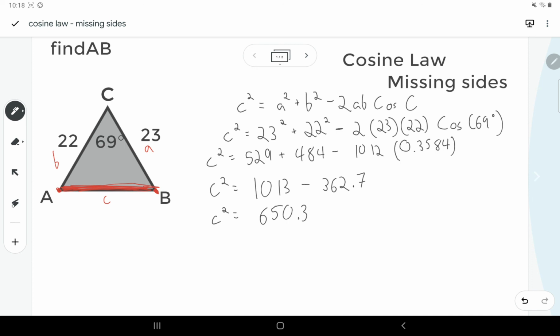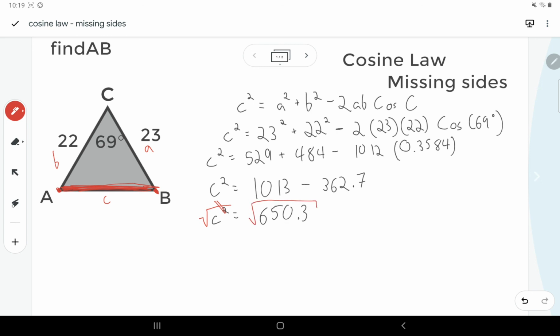That's our calculating the solution. Our last step is to get rid of this square, because we have c squared, but we don't care about c squared. We care about c. So to get rid of this square, we have to do its opposite. That's how we get rid of things in math. We do the opposite. And the opposite of a square is a square root. So that'll get rid of the square, but math is fair, so we have to do the same thing to the other side, no matter what we have.